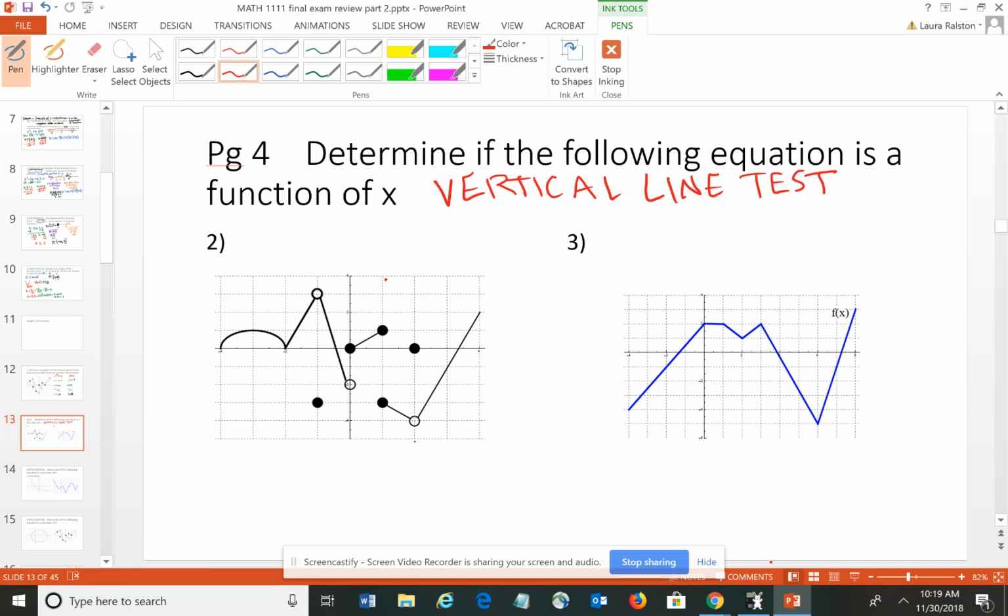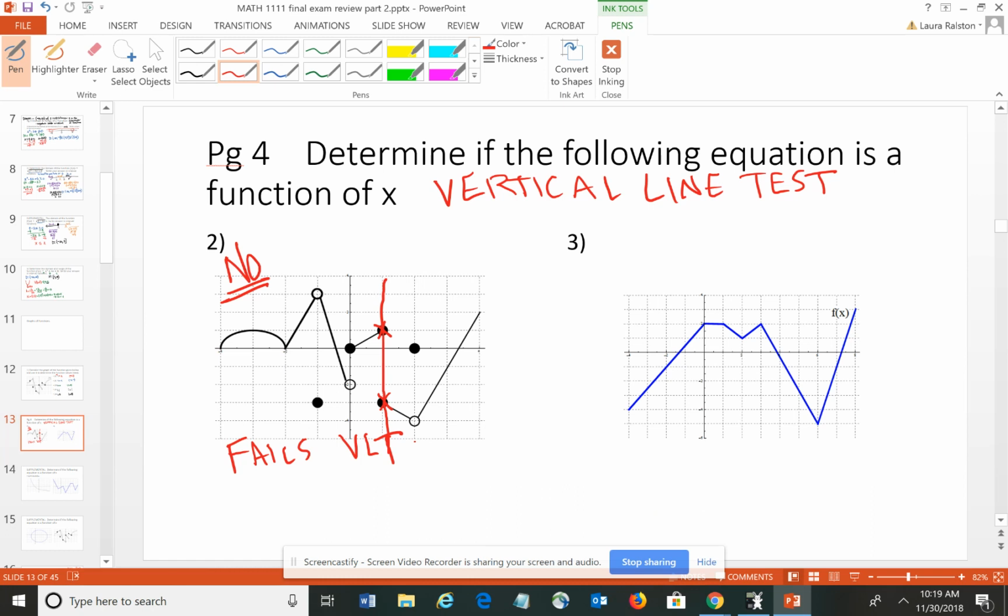Where I run into trouble is at this value of 1, because I have a closed dot at 1 and a closed dot at -3. So I actually cross the graph 2 times, which means this graph fails the vertical line test. And because it fails the vertical line test, we have to say, no, it is not a function of x.